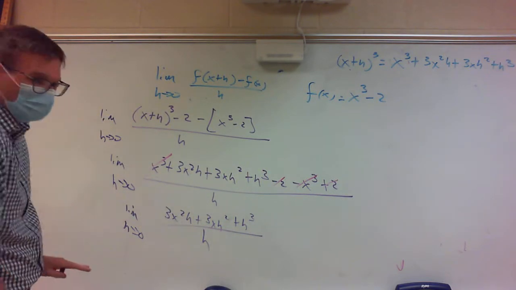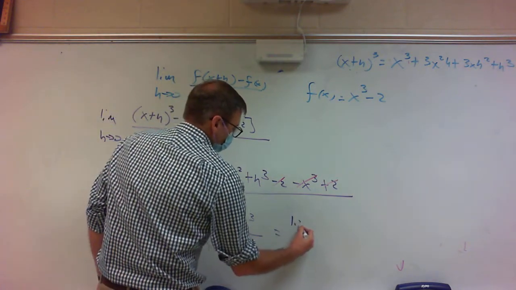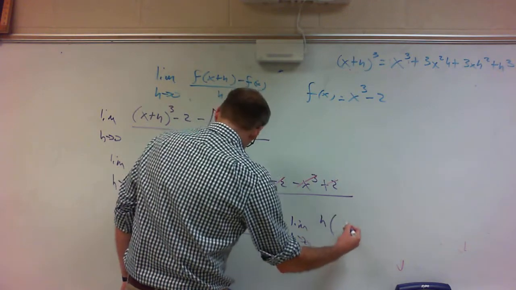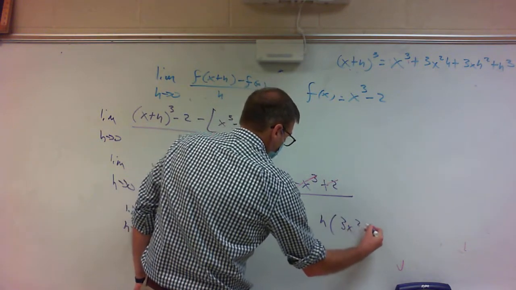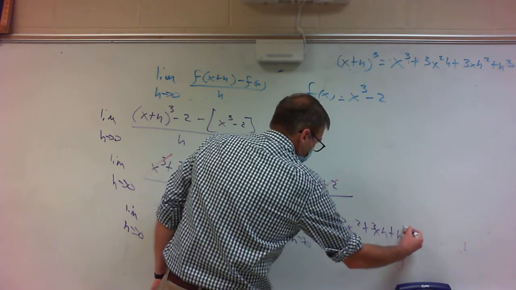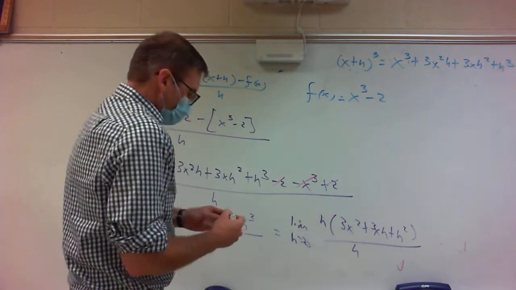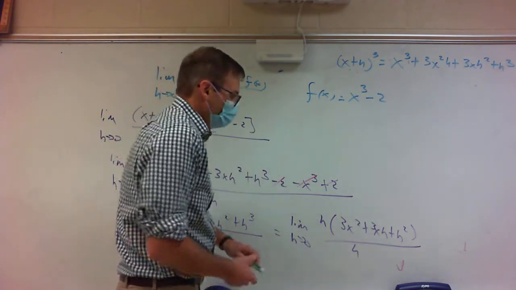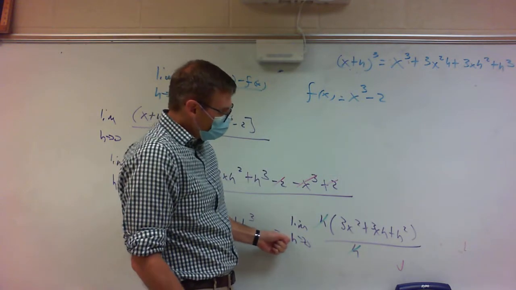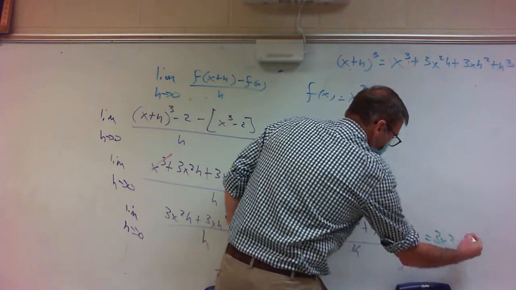Almost done. I see there's an h in common, so I'm going to pull an h out, which gives me the limit as h goes to 0 of 3x squared plus 3xh plus h squared, all over h. And now I can cancel my h's, yay. And when I plug in h equals 0, these things go away, and I'm just left with 3x squared.